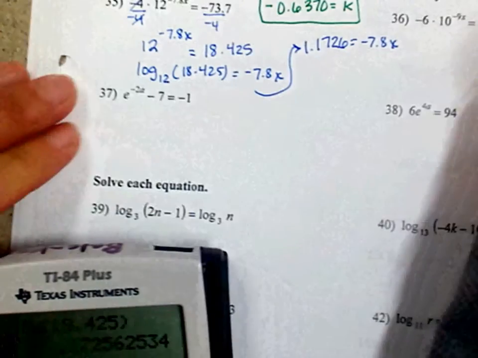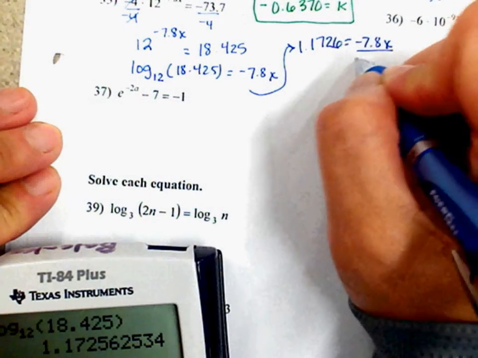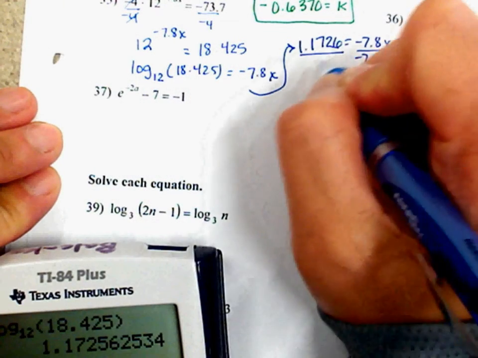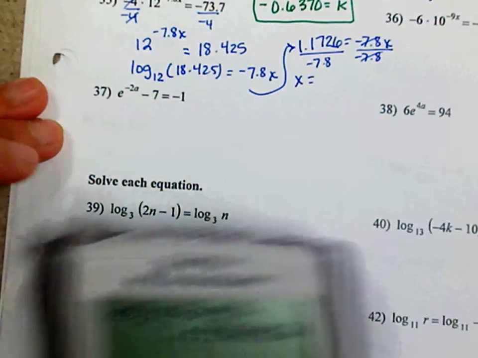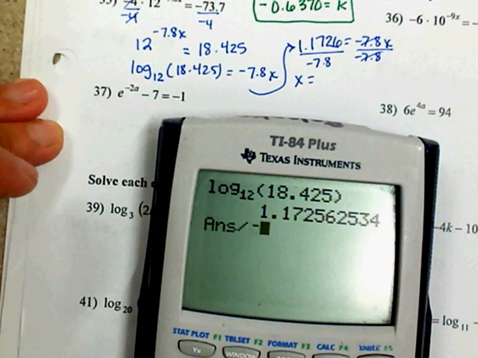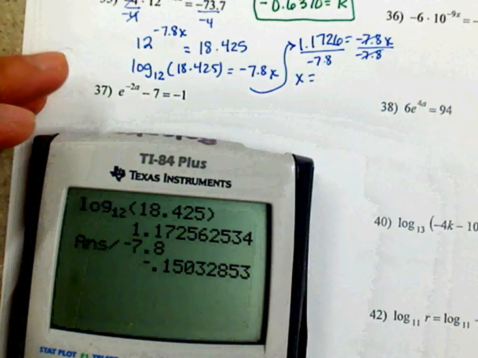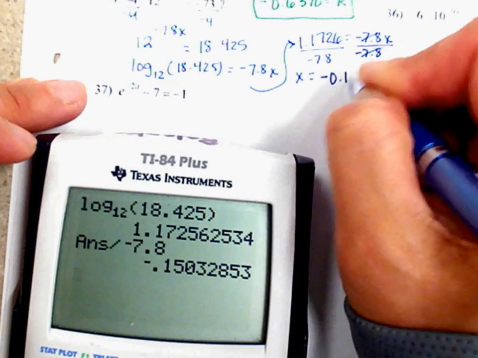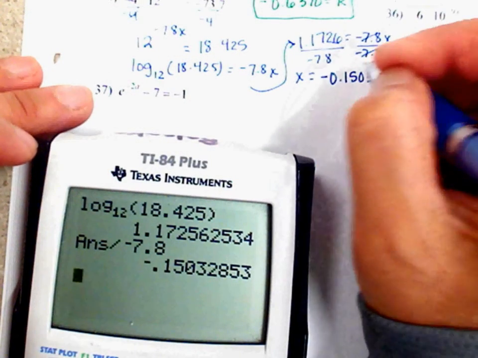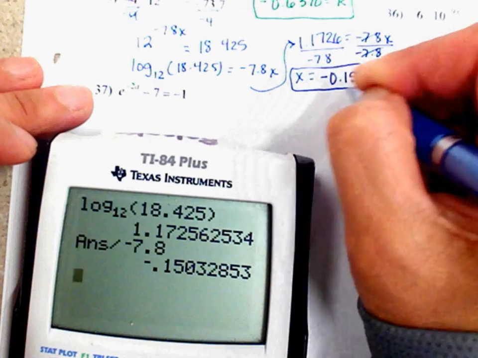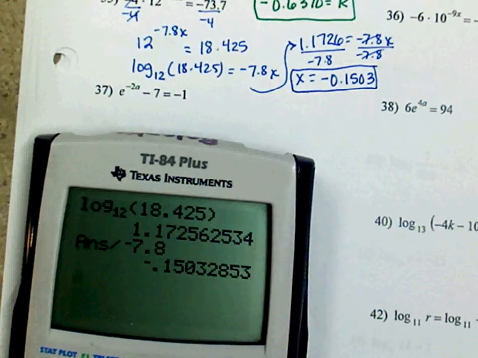How do you solve? Divide by negative 7.8, my apologies. So x is equal to negative 0.1503. Okay, and there you have number 35.